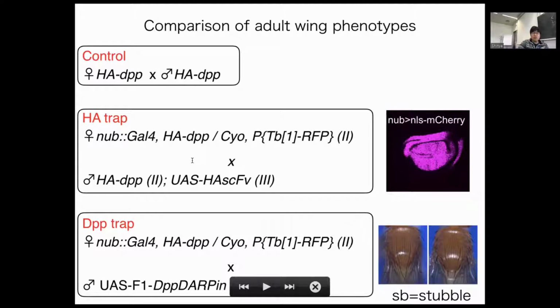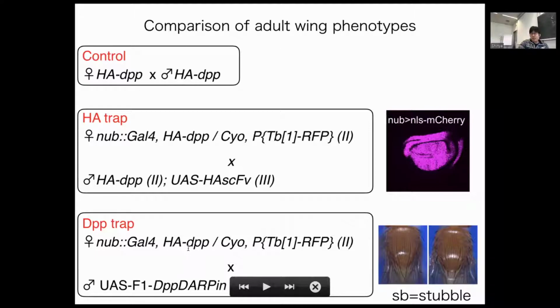From this cross, you get HA-DPP homozygous flies, the genotype where you express the HA trap with the nubbin GAL4. The DPP trap is similar: it has Cyo here, and in the adult wing you select non-Cyo flies, which have the transgene that you want to have.